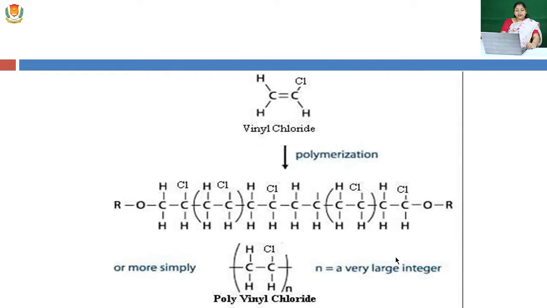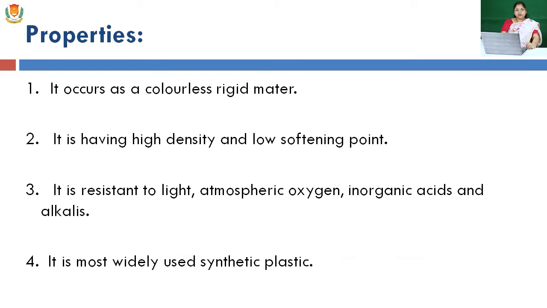Vinyl chloride is generally prepared by treating acetylene with HCl at 60 to 80 degrees centigrade in presence of mercuric chloride as catalyst. Here is the reaction. This is further polymerized to form polyvinyl chloride, which is a large and important molecule.